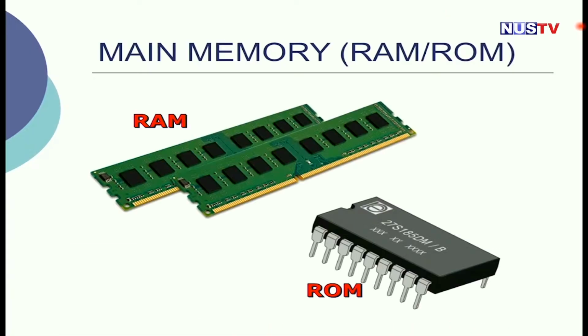Our next component is the main memory. Now the main memory has two components, basically RAM and ROM. Now I want you to look at the two pictures on your screen and study the features. You'll notice that RAM and ROM look very different. When you look at ROM, it has tiny metal legs, and that's how you'll remember what ROM looks like.